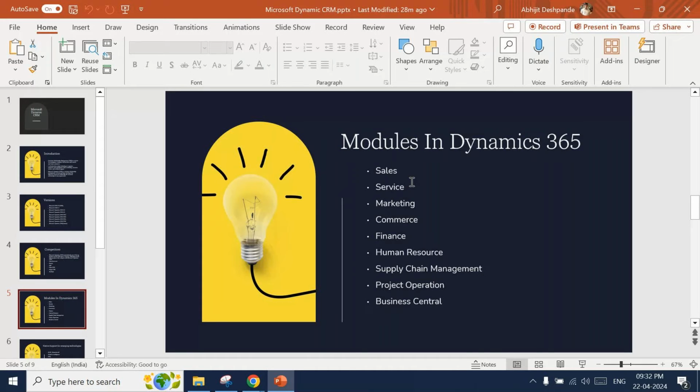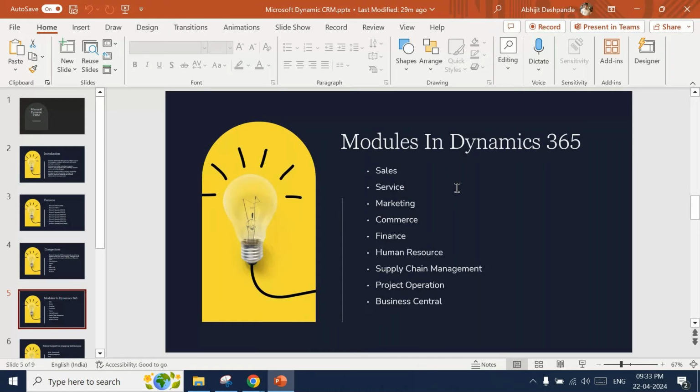So if we learn this CRM, then there's no separate need to learn CE, customer engagement, right? No, CE is not an application. It is just a business domain, I would say. CRM is also a business domain, because in Dynamics 365 Finance and Operations we have different modules, such as account payable, account receivable, human resource.